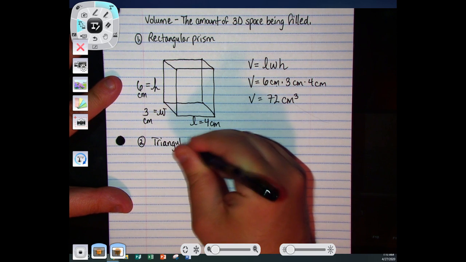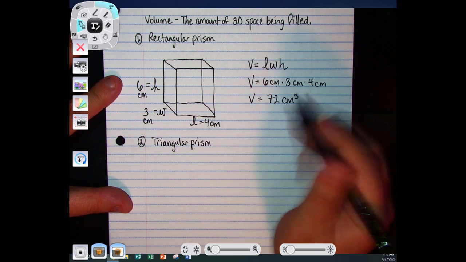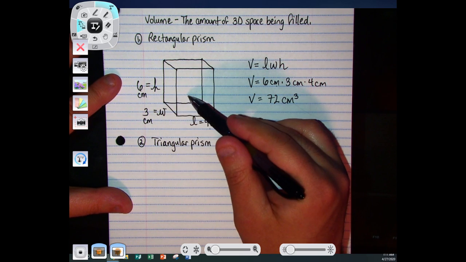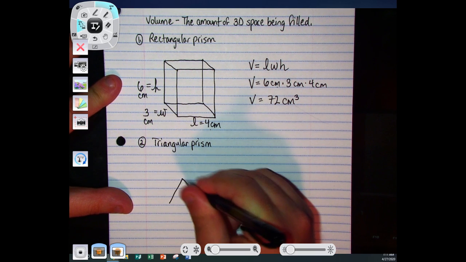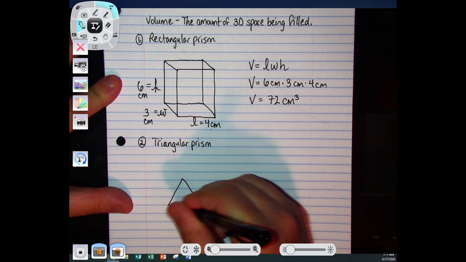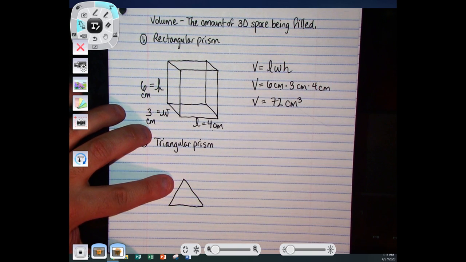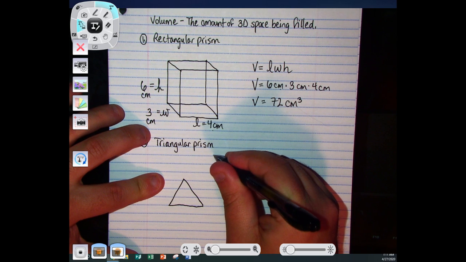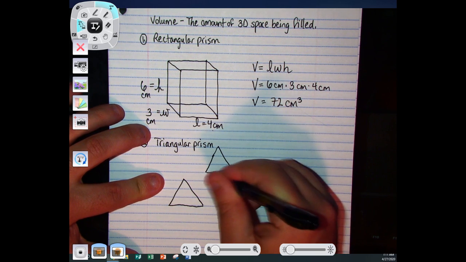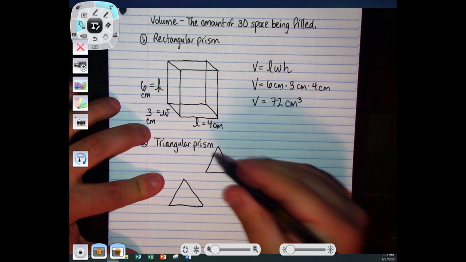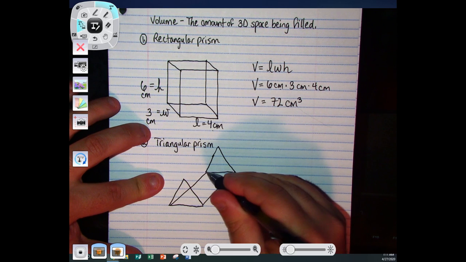So what's the difference between a triangular prism and a rectangular prism? Well, in a rectangular prism, the base is a rectangle. And in a triangular prism, the base is a triangle. So the easiest way to sketch a triangular prism is to draw a triangle, go up and to the right some, sketch another triangle, and then we can connect the corners.